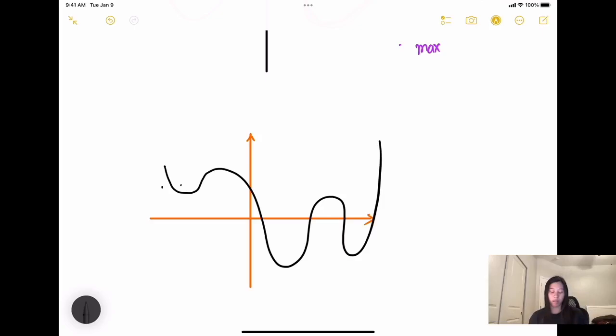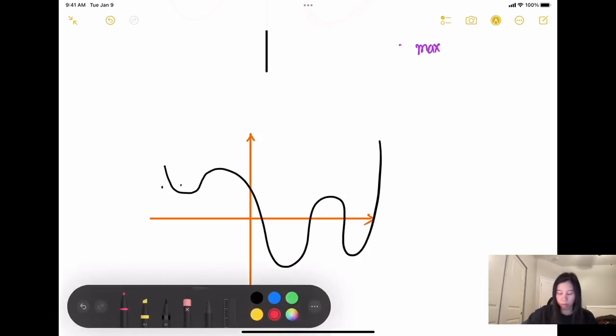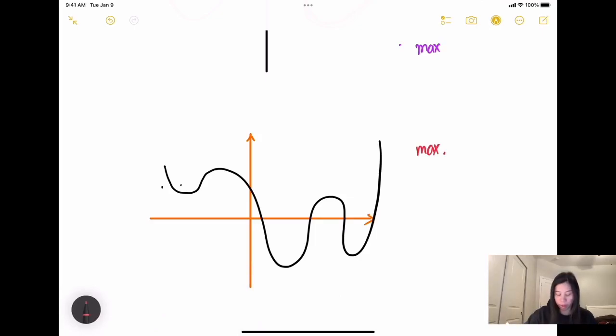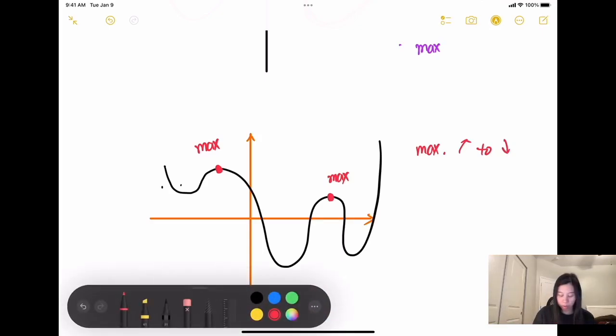So which one is the minimum, which one is the maximum? Let's find the maximum. So this one is the maximum, right? Also, this is a maximum because the graph behavior changes from increasing and suddenly becomes decreasing. These are maximums. What about minimum?